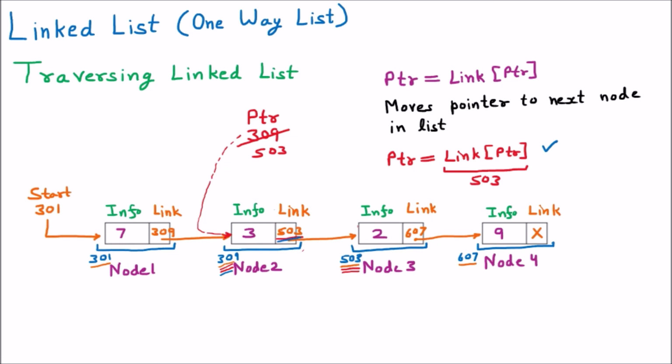That means it is actually going to node 3. So the value modified is 503, which is the address. So now this pointer is pointing to the next node address, which is 503. So we can say that this is how we can move from one node to another. Whenever you want to traverse from one node to another, you should simply write PTR = link PTR. So this is how we can traverse the linked list or one-way list.